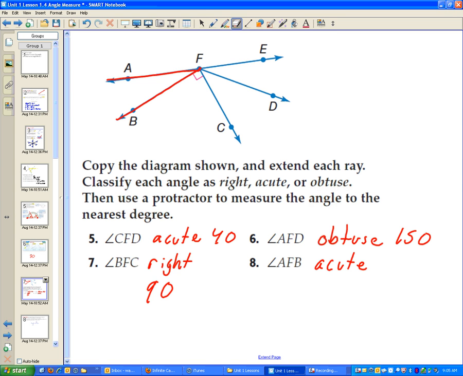So probably something less than 45, bigger than 2. Book says 25. So don't worry about getting exact answers with your protractor. That's not the point. It says copy that. Well, if you copy that, it's not going to be exactly the same as it was in the book anyway. So I'm not all too worried about that. All right?